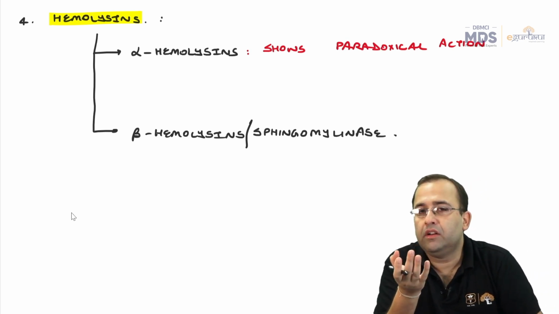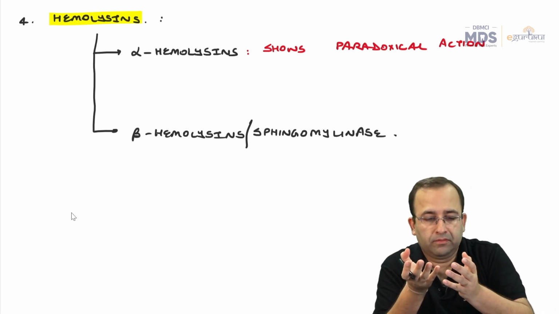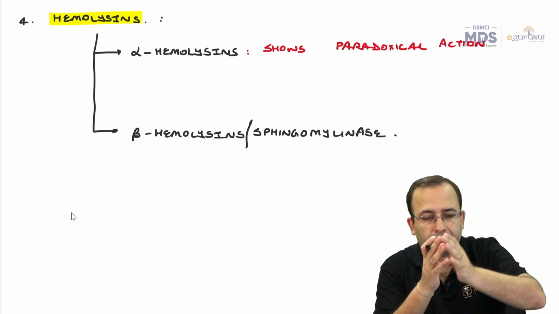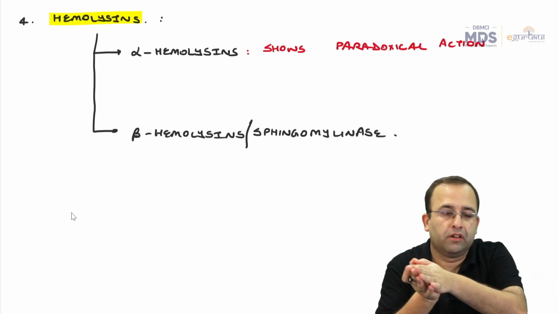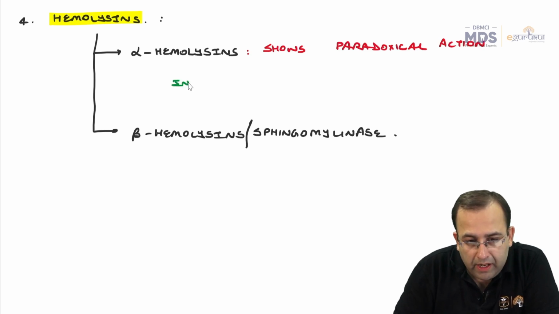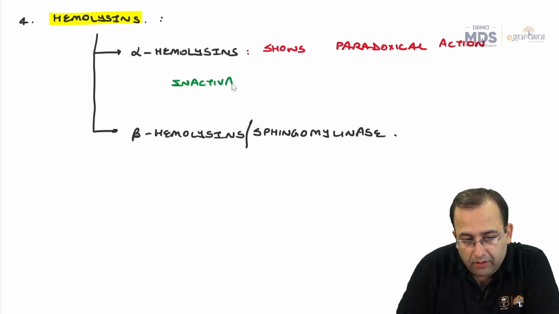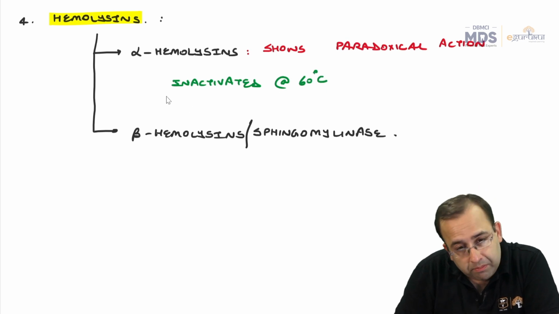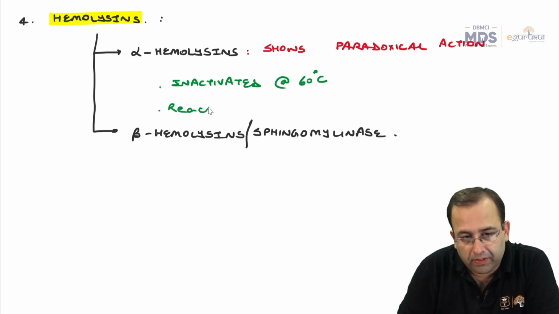Normally when we heat a substance, the more we heat, the better the sterilization. But alpha hemolysins are paradoxical. They are inactivated at 60 degrees but become reactivated at 100 degrees.